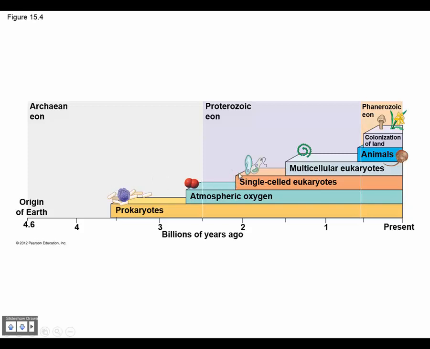And then we got to our single-celled eukaryotes and multicellular, and then just very recently we had this huge burst. Land wasn't even colonized till the last half billion years, right? And multicellular animals didn't arrive until about 0.7 billion years ago. So for a very long time, life was very simplistic, and it's only very recently that it's gone very complex.